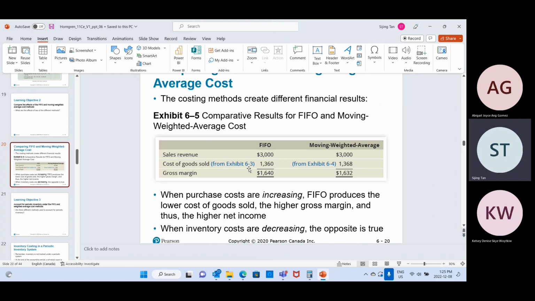So it depends on the situation. For the examples we went through, when the inventory costs are increasing, FIFO is more beneficial. If the inventory costs are decreasing, the moving weighted average is more beneficial for the business.